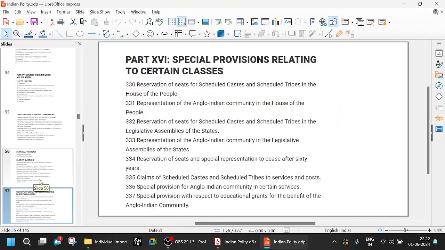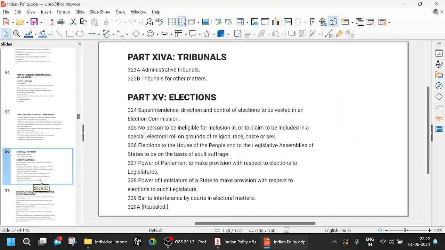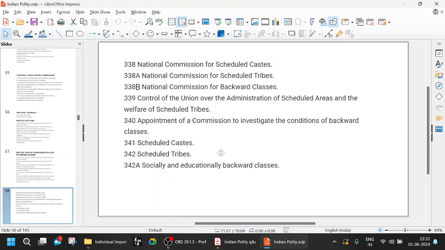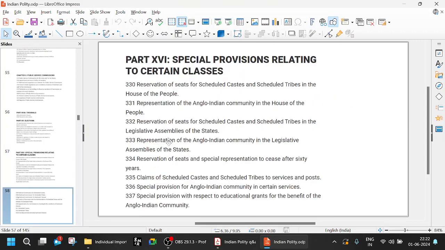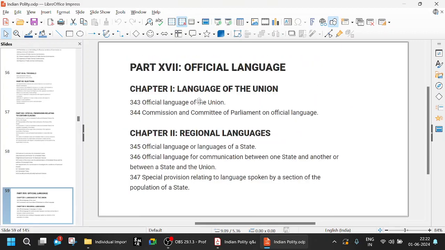324 is Election Commission, right? Very important. Remember, 324 is Election Commission, and 326 is the basis of adult suffrage, that is 18 years of age. So, 341 and 342 are scheduled castes and scheduled tribes. And 343 is also frequently asked. Starting from 343 is all about languages.